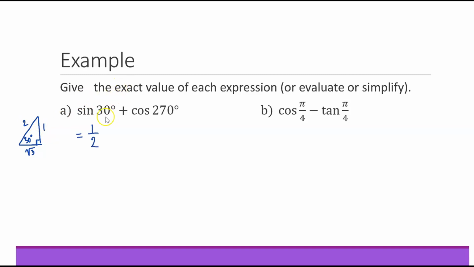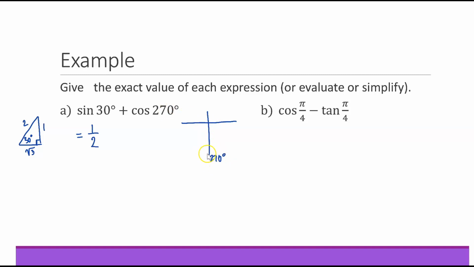So far, we have evaluated the first part. And now I have to find cosine of 270 degrees. Well, 270 degrees is one of our quadrantal angles, and it's the one that goes straight down on the y-axis. So I'm going to go ahead and sketch just the bottom part of the xy plane.